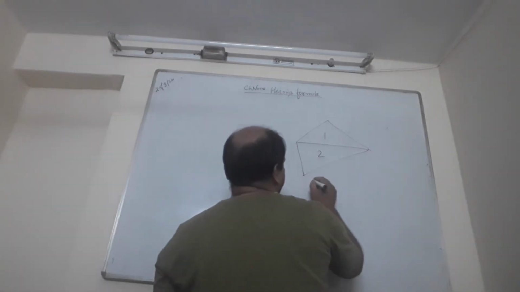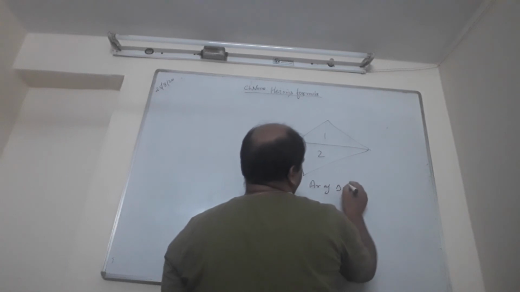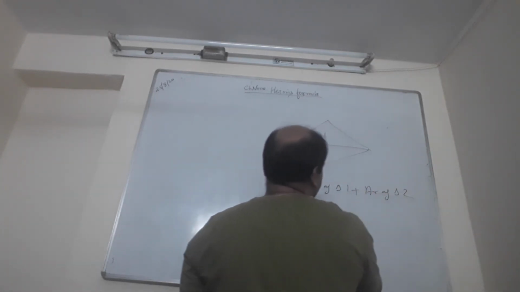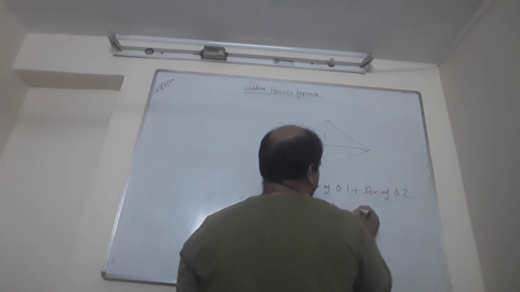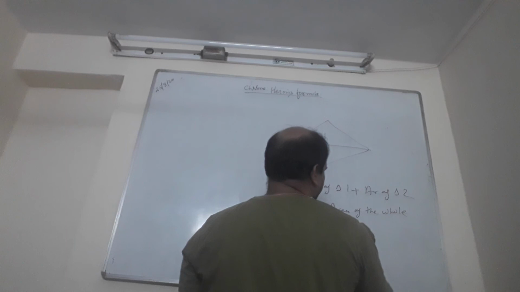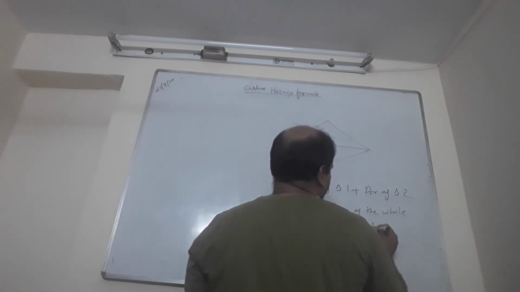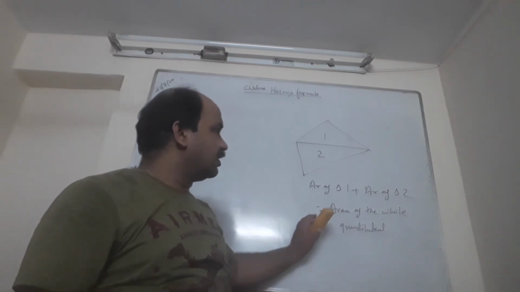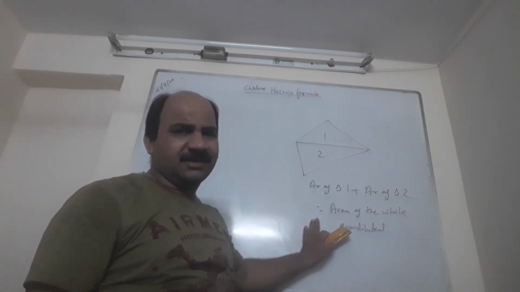In such a case we get area of triangle 1 plus area of triangle 2, which will give you the area of the whole quadrilateral. This is only for your knowledge right now, because this portion is already deleted from our syllabus.